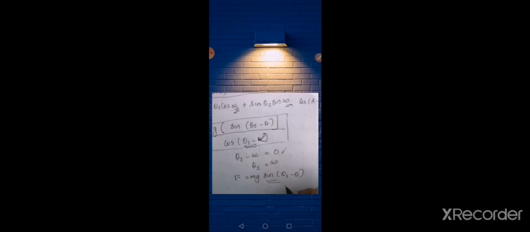If that condition is satisfied, the final F will be equal to mg sin of theta s minus theta. So this is the least force required to initiate a motion on an inclined plane, in the condition that theta is going to be less than theta s.